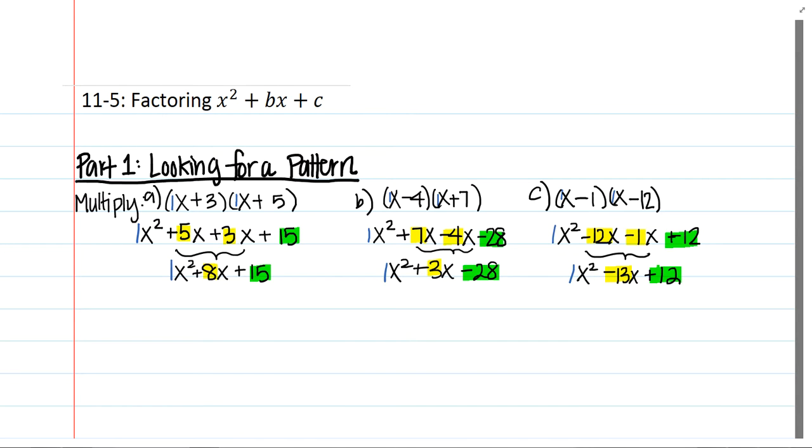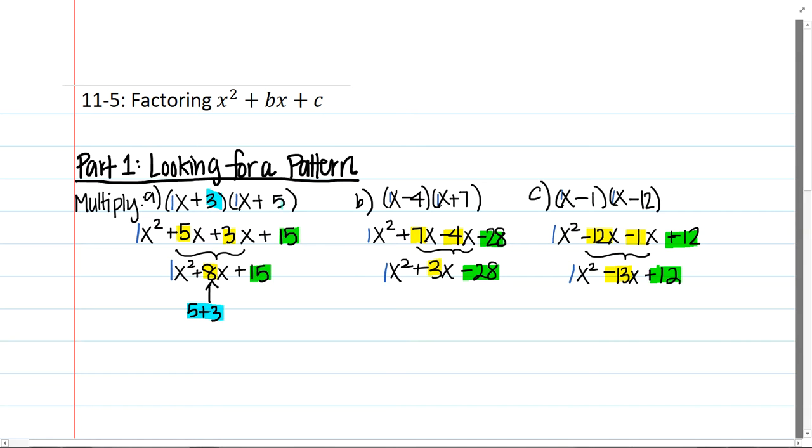The second part of the pattern has to do with the yellow numbers that I've highlighted. When you're doing the middle terms, you get a 5x and a 3x, which combine to give you an 8x. And then in this one, we get a 3x, and we get a negative 13x. But what I want you to realize is that this number, this 8, is 5 plus 3. And where do we get that 5 and 3?